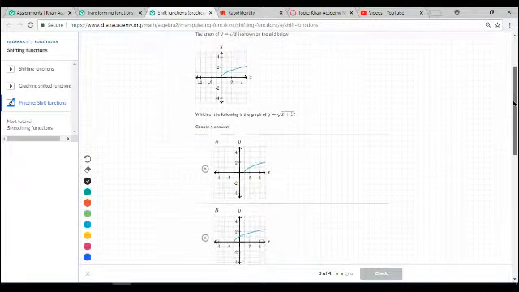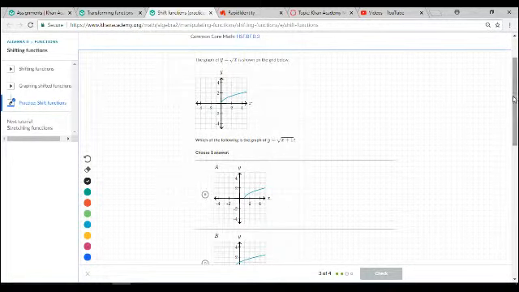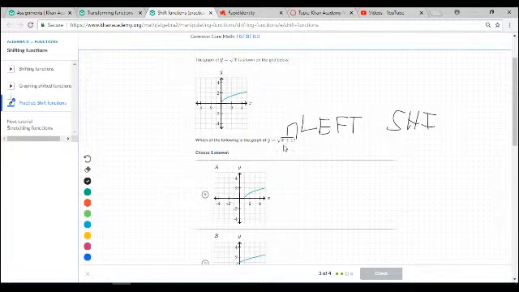Next question, which is the following of the graph? We have the square root of x. Now we need the square root of x plus 1, so all that's going to do is a left shift. And if we're getting really specific and technical, we're factoring out the 1, so we have the square root of 1 times (x plus 1).